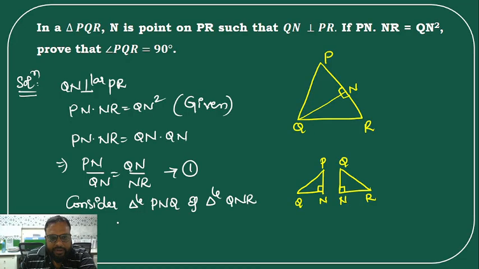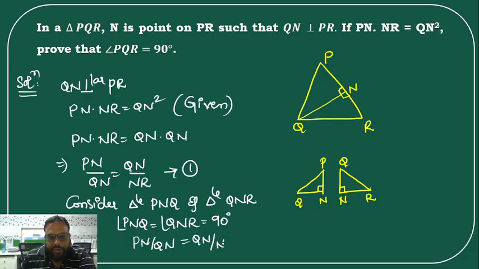So I can write that angle PNQ is equal to angle QNR equal to 90 degrees. And also you have equation 1, that is PN by QN is equal to QN by NR, from the given part. So one angle and the ratios of the sides.